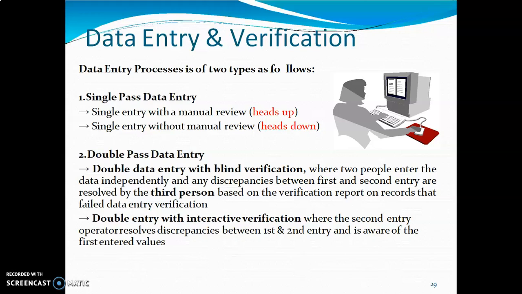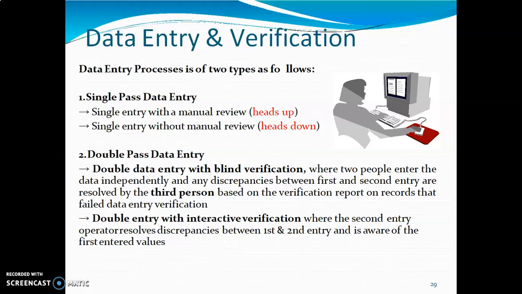So let us see about the double pass data entry. Here, double data entry with blind verification, two people enter the data independently in different places. Discrepancies between the first and second entry are resolved by a third person based on the verification report on the records. Because if two people enter differently, discrepancies will be observed, so the third person is going to solve it.